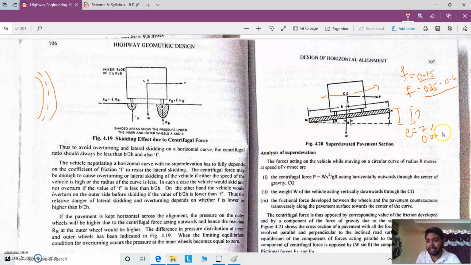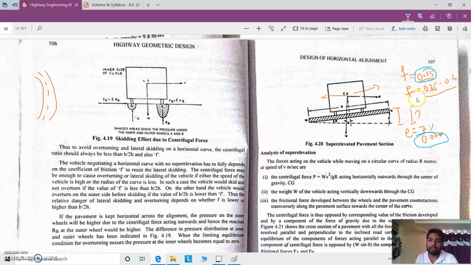If it exceeds 0.07, we have to limit the speed for the given frictional value and the super elevation. So we have to consider E as 7% and F as 0.15.